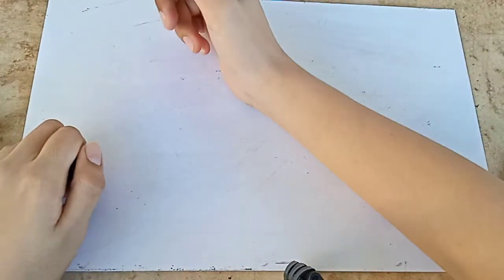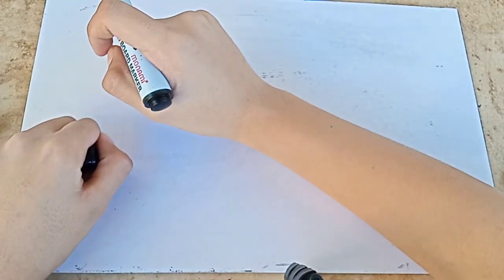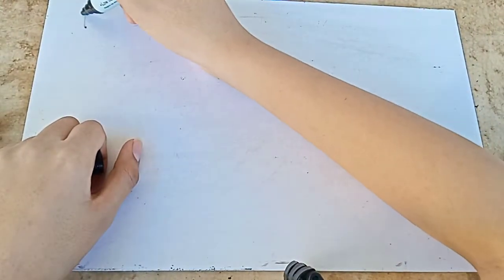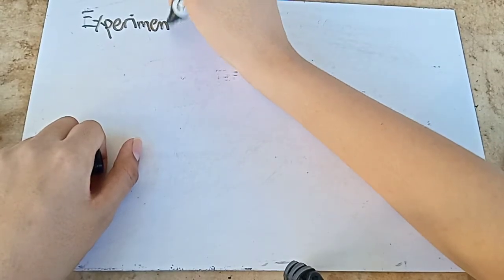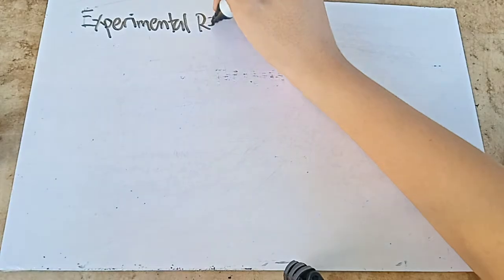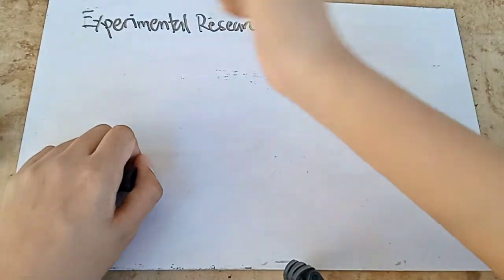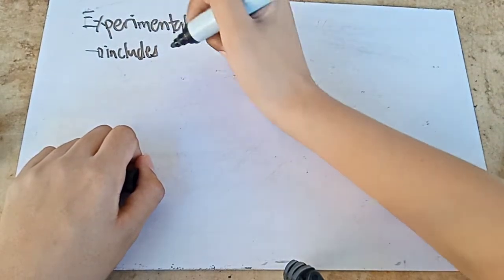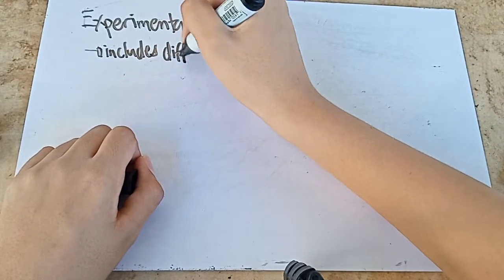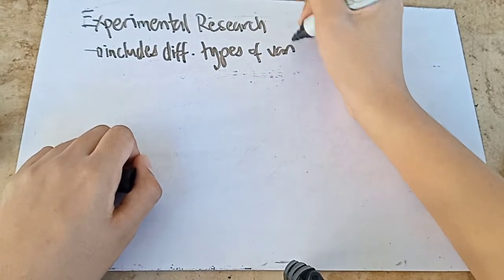Okay, in our next video presentation, we are now ready to discuss the last type of research according to the levels of investigation, and that is experimental research. Okay, so experimental research includes different types of variables.